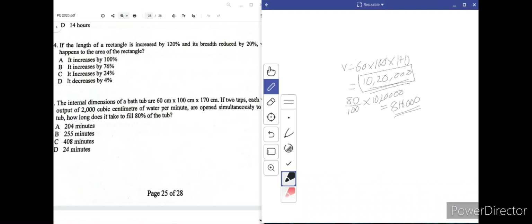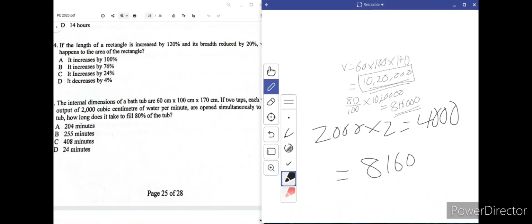Now to fill this tub, we have two taps. Each tap is 2000. So two taps means 2000 into 2. So in a minute 4000 cubic centimeter of the tub is filled. Now we need to fill a total of 8,16,000 of the tub.